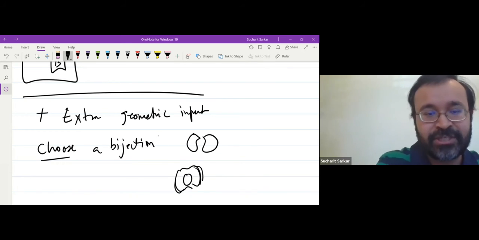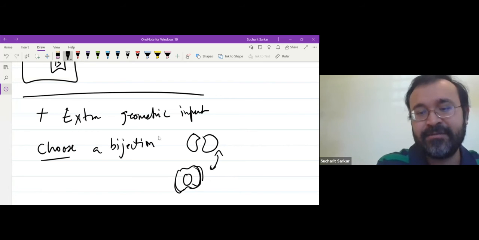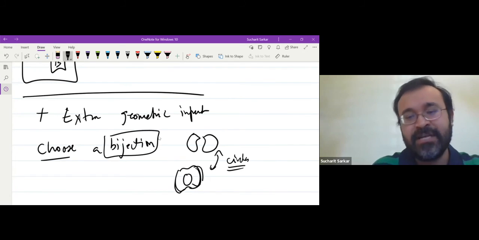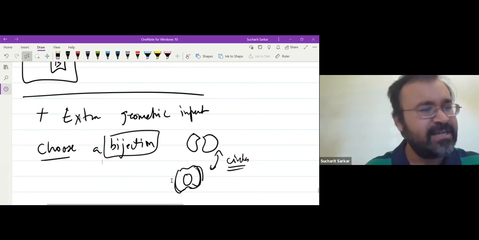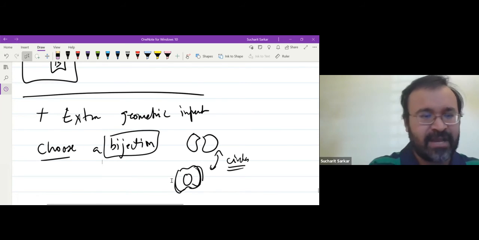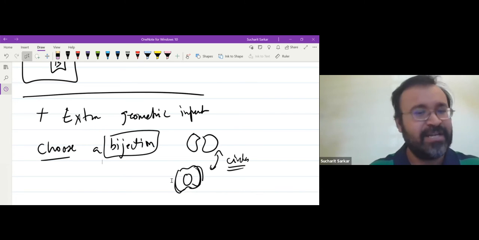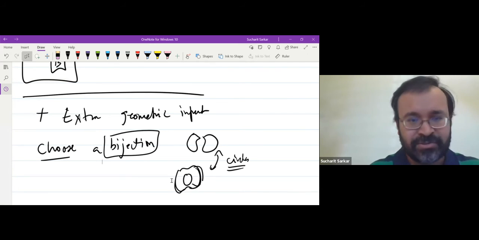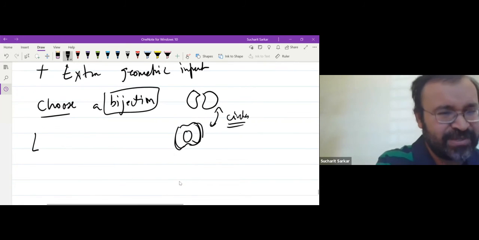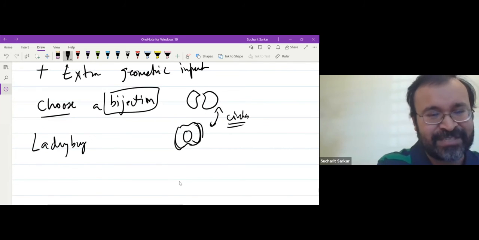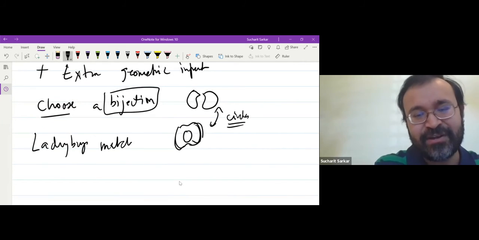We choose a bijection between the circles so that the labeling of these circles corresponds to the labeling of those circles. This requires some choice, because there are two possible bijections, but we have to choose one so that the labelings of these circles correspond to the labelings of those circles. So this requires a choice. We call it a ladybug matching for some reason that I won't be able to explain.